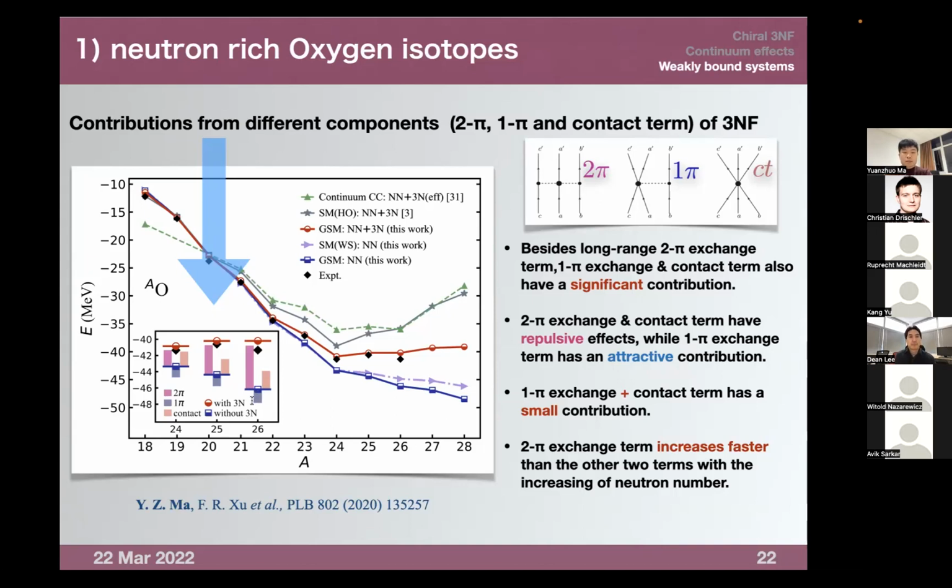The interesting thing is that the one-pion exchange and the contact term have similar absolute values but opposite signs. So the net effect almost cancels out, leaving the long-range two-pion exchange dominant. More discussion and calculation can be found in this paper.